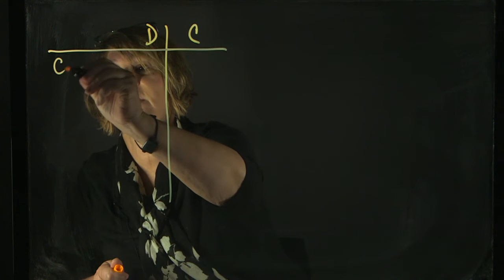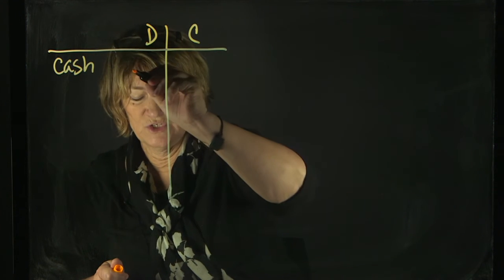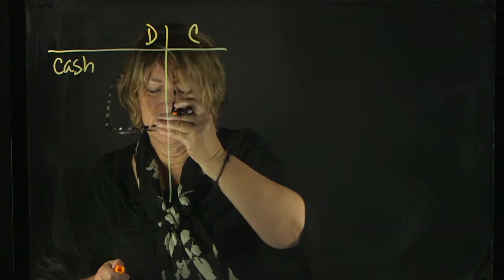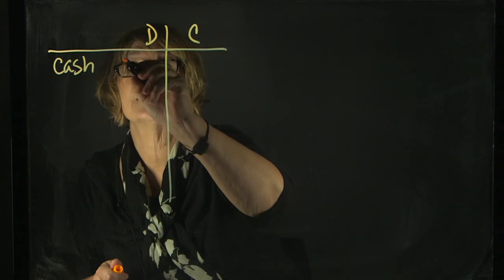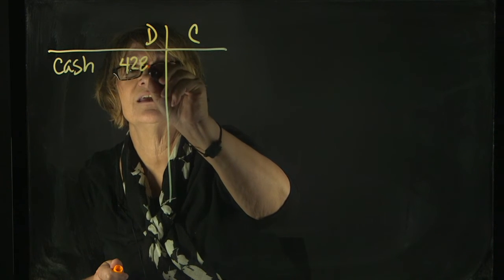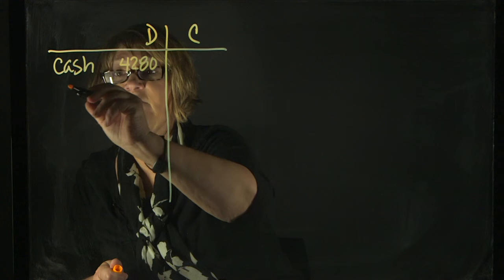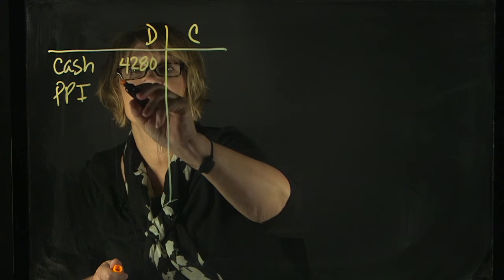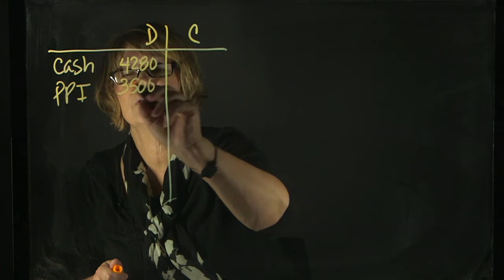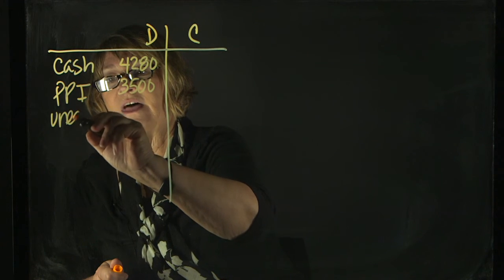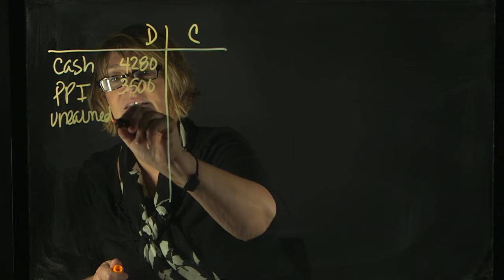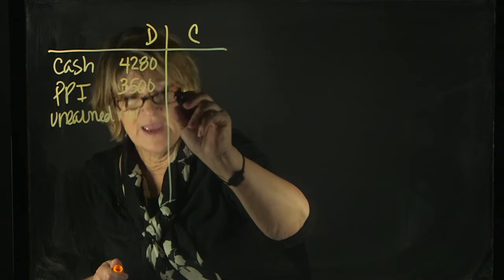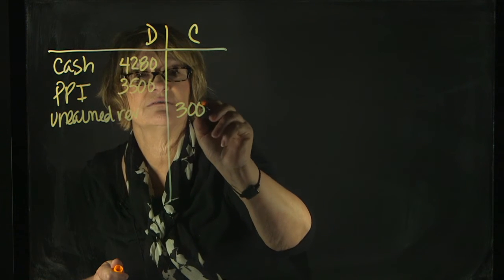Okay. So I'm going to go ahead and list cash, which is the asset. Let me go ahead and put my glasses on so I can see. 4280. We then have prepaid insurance, and I'm going to abbreviate that with PPI, which is 3,500. We then go to the liabilities, which in this case is unearned revenue, and that's 3,000.